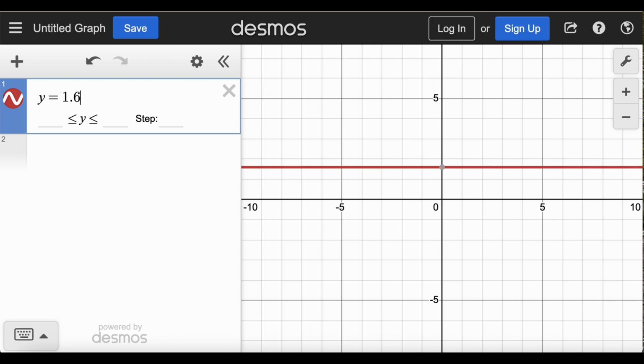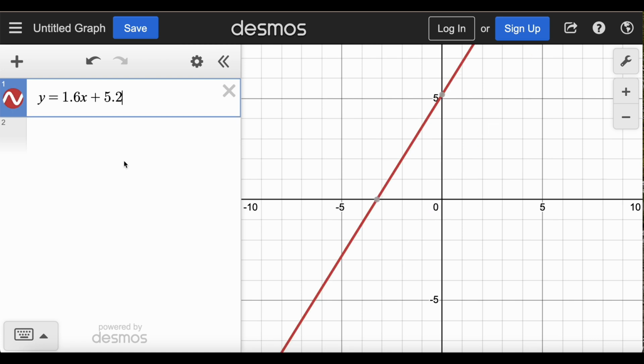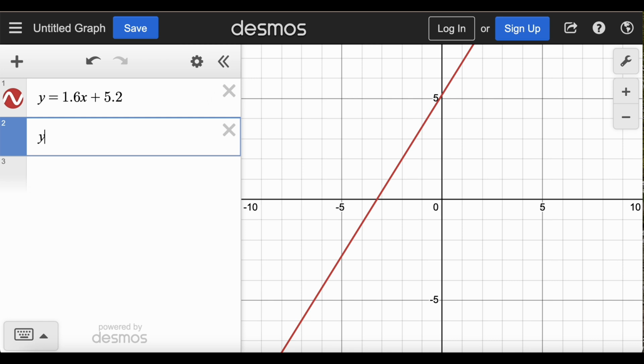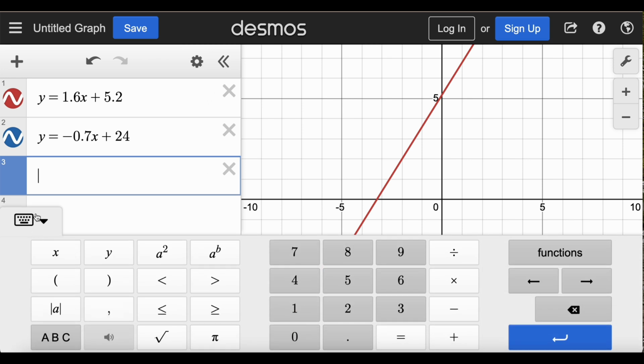So I have y equals 1.6x plus 5.2, and then the other one, y is equal to negative 0.7x plus 24, okay? So the solution to these two graphs is where they intersect.